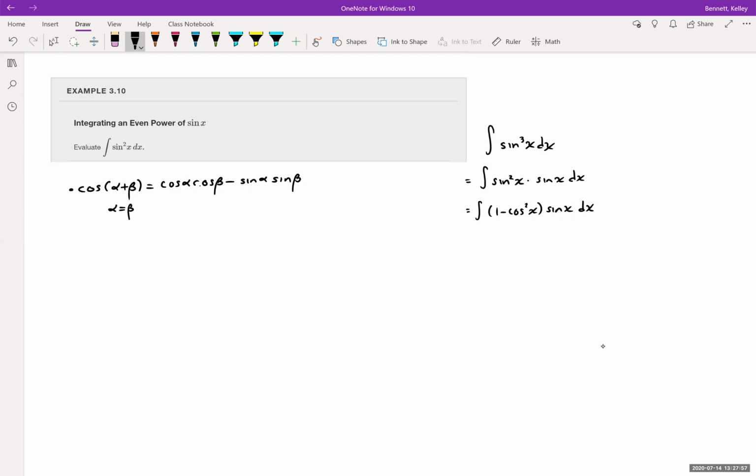So if alpha were equal to beta, then I would have cosine of 2 alpha, and now alpha and beta are the same, so this is just cosine squared alpha minus sine squared alpha.